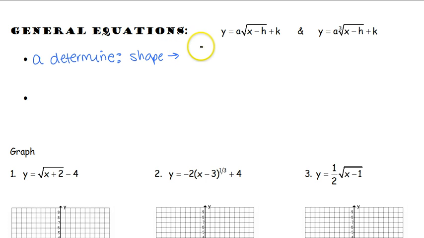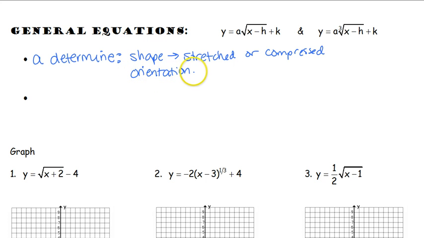For their shape, it is either going to be stretched or compressed. For orientation, if it's negative, it's going to be reflected over the x-axis. And again, that's true for both the square root and the cube root.